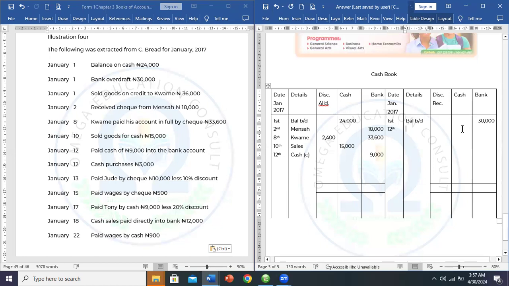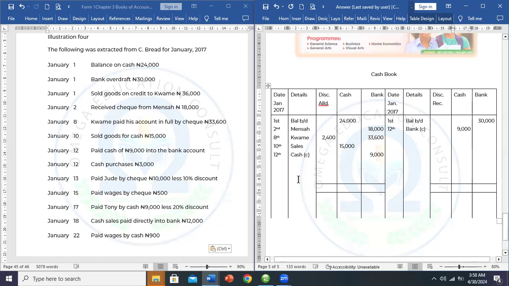So we are on the credit side of cash in the name of bank. Put our contra. And under cash, we put 9,000. So take your time on the contra so that you don't make any mistake. Look at who is paying and credit, and look at who is receiving and debit. Who here could be the cash or bank?